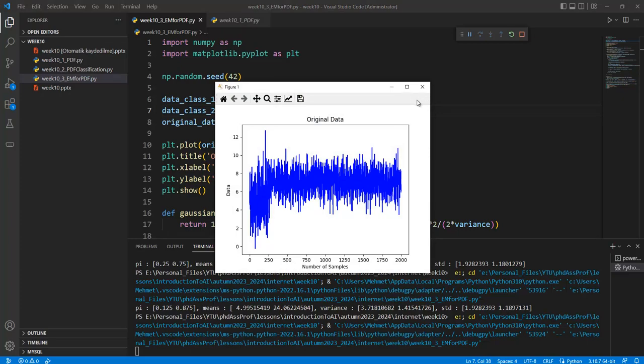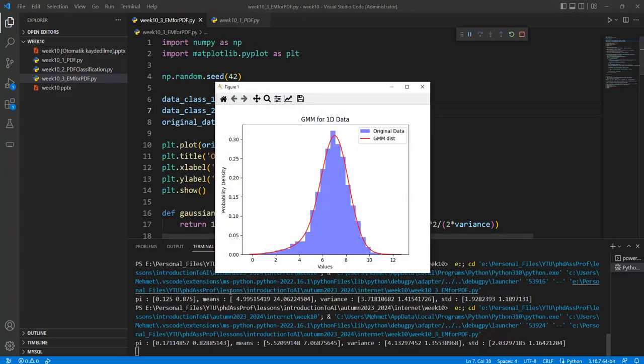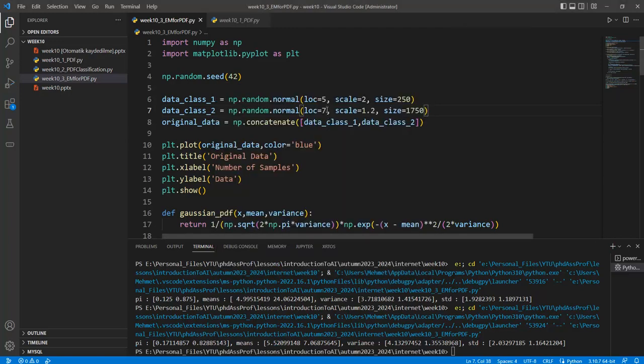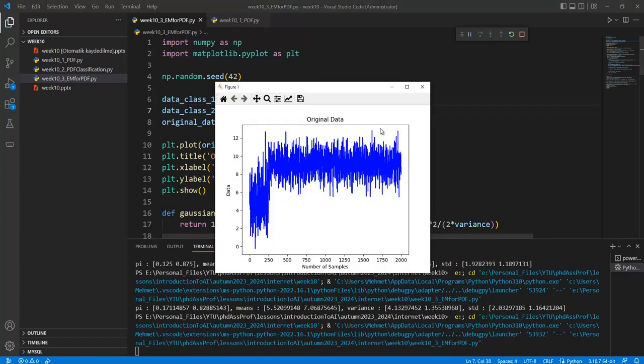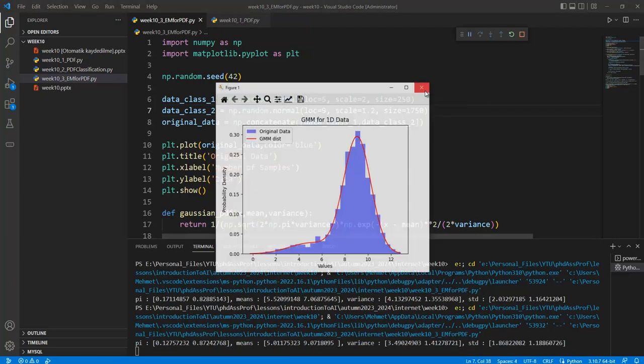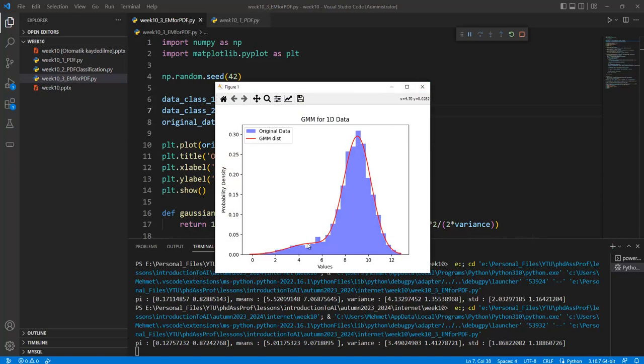What happened? Yes, it's too close to each other, right? But if I choose 9 in here, yes, but we have the small line here, right?